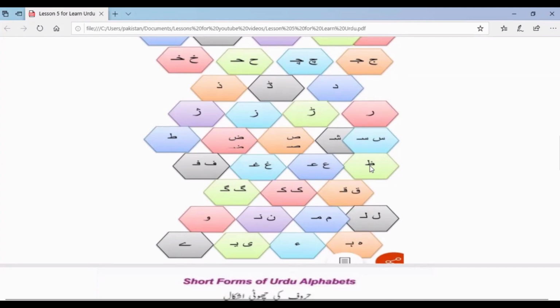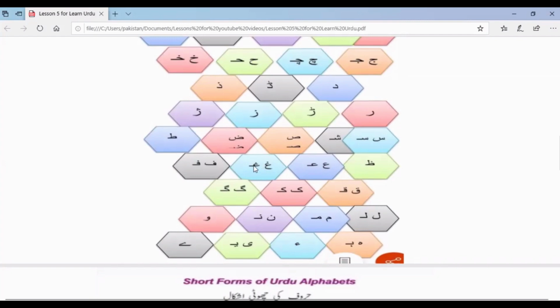In full shape, these letters will come always in full shape, whether they will come in beginning or in the middle or in the end. And next letter is Ain. Ain will come in the beginning like this, short form.